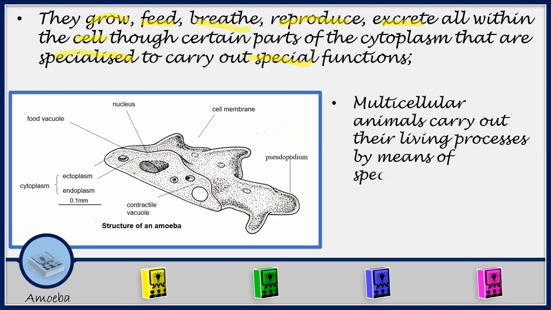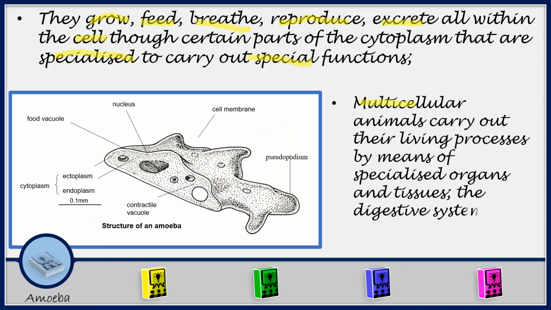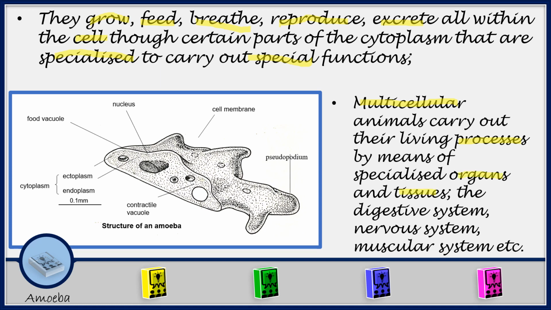Whereas multicellular organisms carry out their living processes by means of specialized organs and tissues. For example, you have the digestive system, the nervous system, the muscular system.